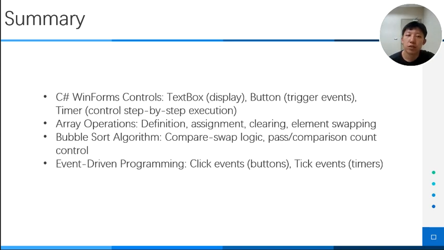Third, the bubble sort algorithm, understanding its compare and swap logic, and how to control passes and comparisons. Fourth, event-driven programming using the click event for the button and the tick event for the timer.